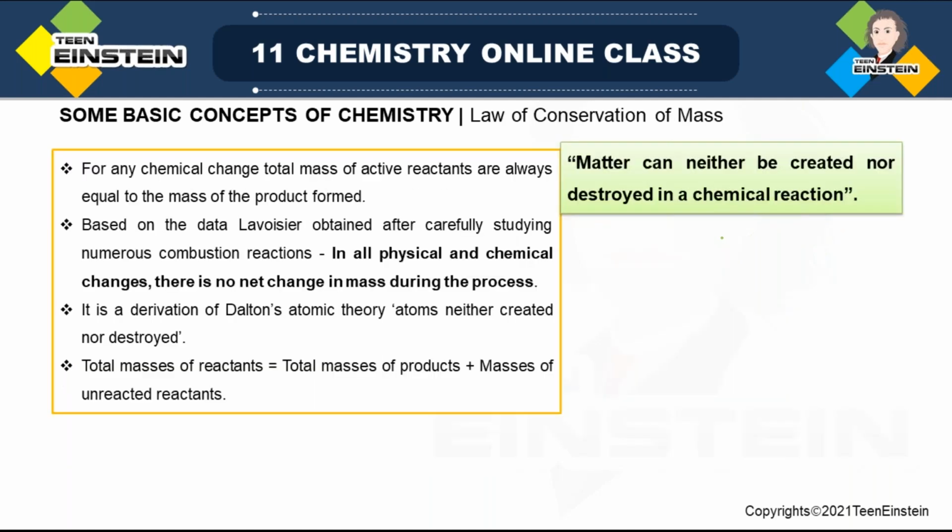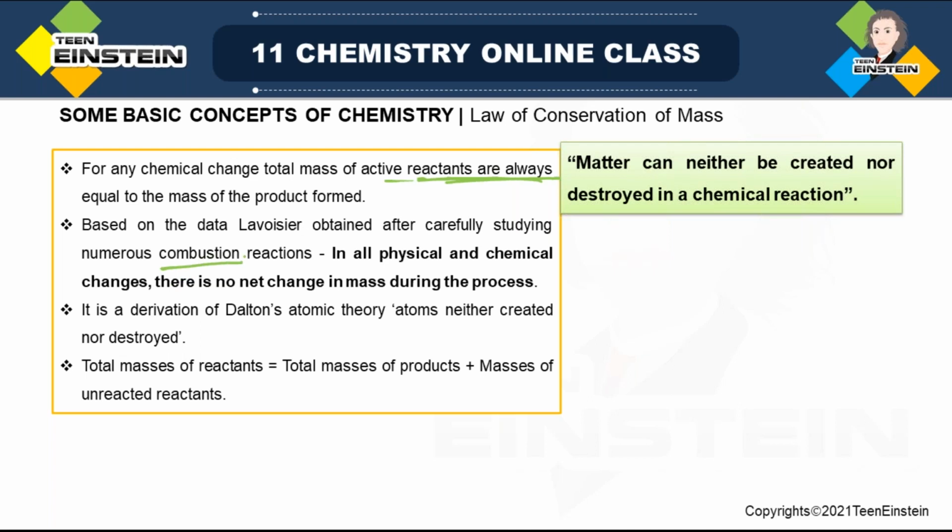The first law, law of conservation of mass. As the name suggests, matter cannot be created nor destroyed in a chemical reaction. Not just in a chemical reaction; in a physical change also you will observe the same thing. For any chemical change, the total mass of the reactants is always equal to the mass of the products formed. Now, this is based on the data Lavoisier obtained after carefully studying numerous combustion reactions, which basically means reactions with oxygen.